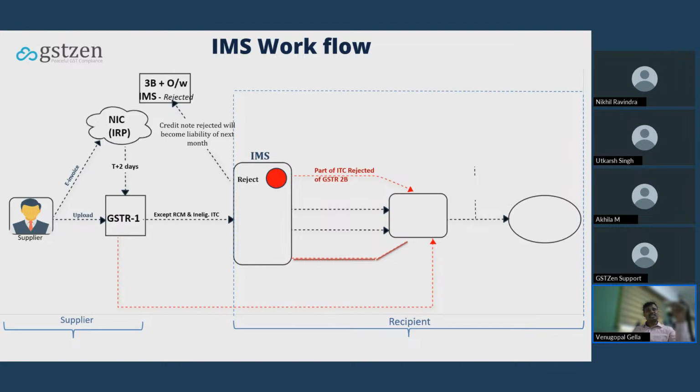But when a record is rejected and it is a credit note, then the supplier has already reduced his liability and filed his 3B with a lower tax. So in a subsequent month of the supplier, it will be added as a liability.